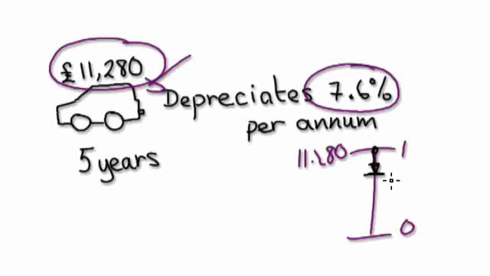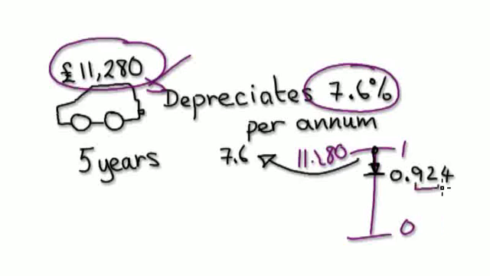So the new value here would be, hang on, let's think. If every year you lose 7.6% going away, what's this value here? Well, it should be 0.924.